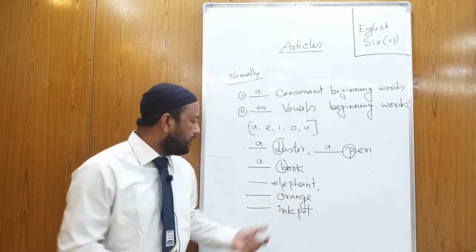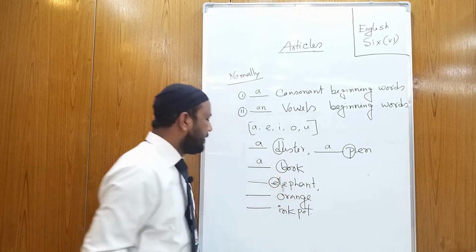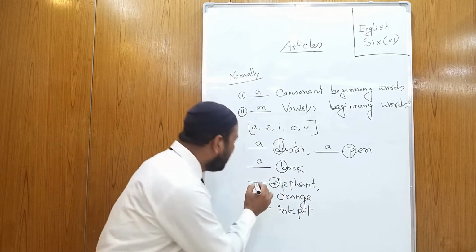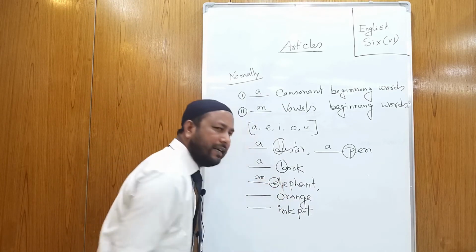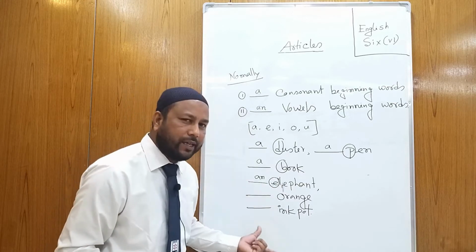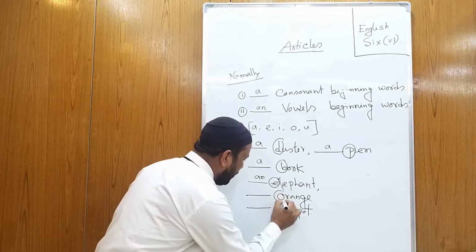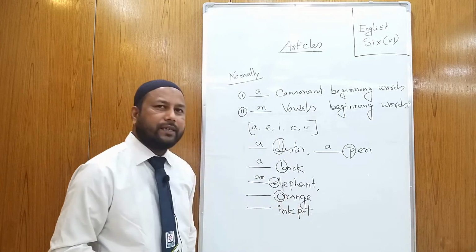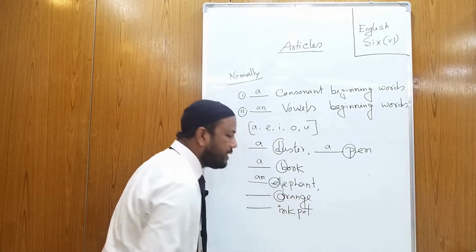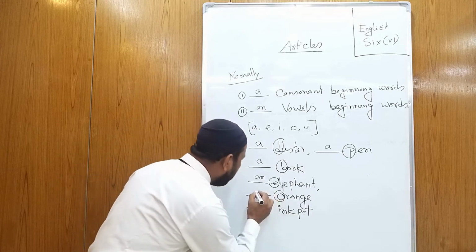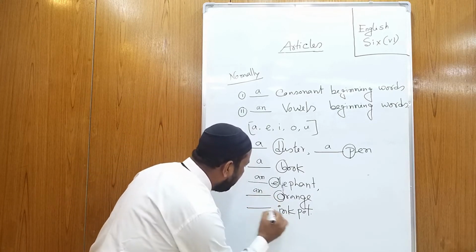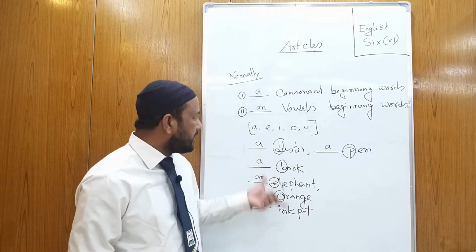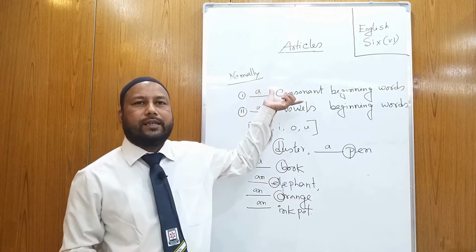In this example, you can see the first letter of elephant is a vowel. That's why we use an here. I think it is clear to you. You can do that, just look at the examples. Here is another word, orange, and the first letter is O, that is a vowel, and we will use an. Similarly, we will use an here. I think both examples are related to these rules.